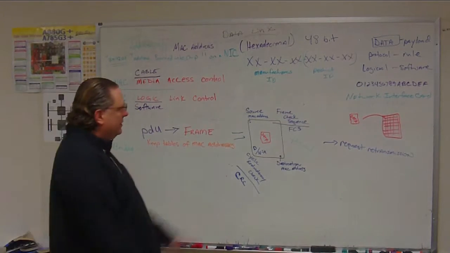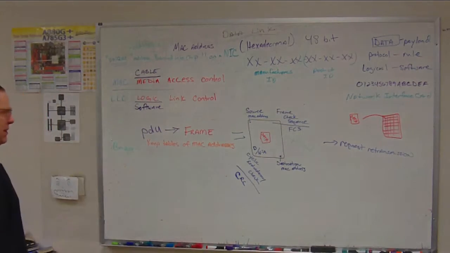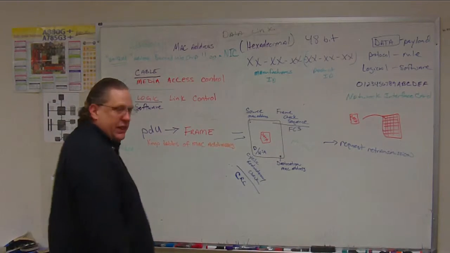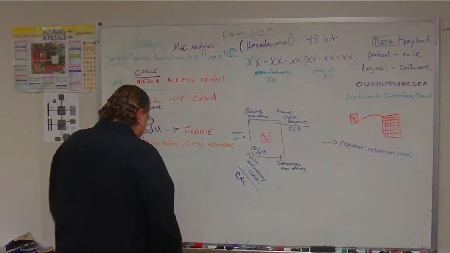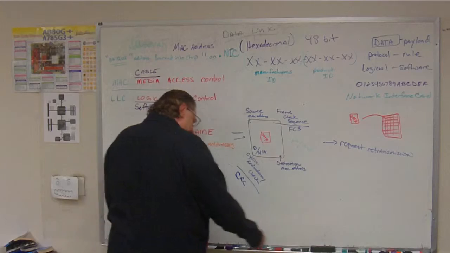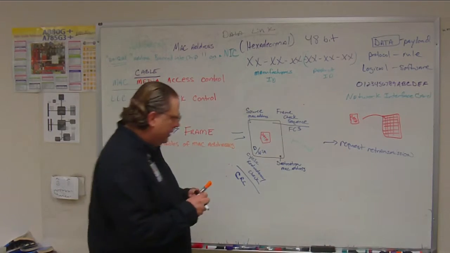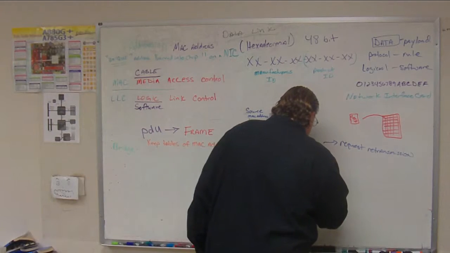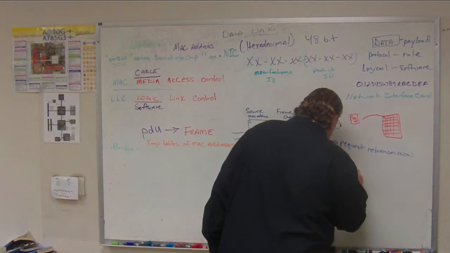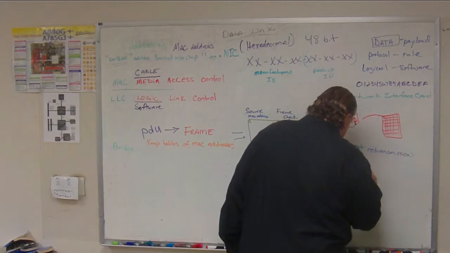So what I'm going to do is draw a picture of how a bridge looks at traffic. All right, so in order to do that, I need to tell a little story. So first what I'm going to do is draw us up two bus topologies.